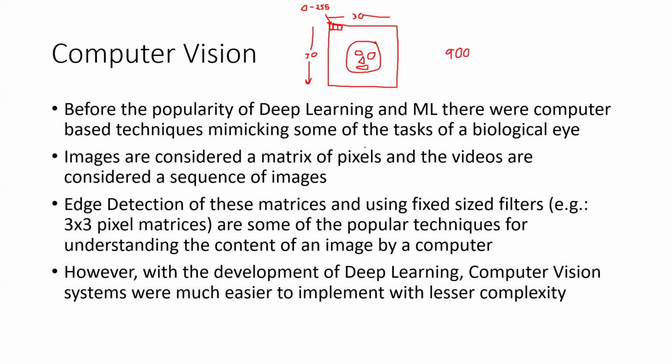So how were they identifying these kinds of objects? In the earlier times of computer vision, they found that if we can find the edges of the image, we can have a very good understanding about the image.